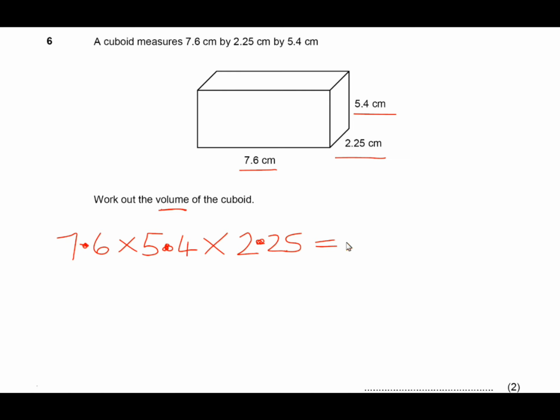Put this in your calculator and it gives you the exact answer of 92.34. So for your answer, for your 2 marks, 92.34. Don't forget the units are centimeters, and we're talking about volume, so it's cubed.